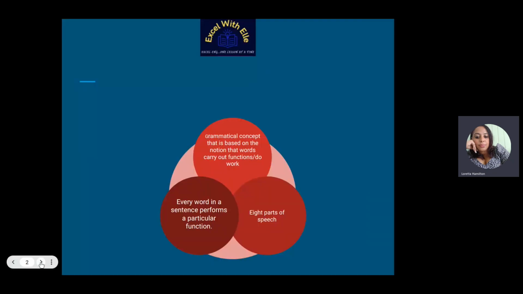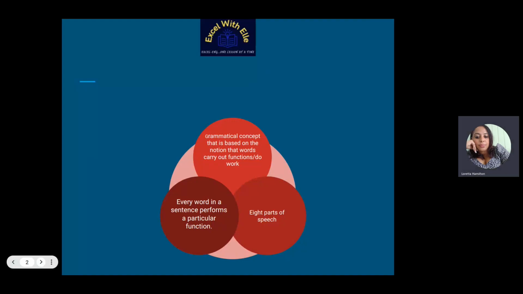Now, the first thing that I say to students is that they have to understand that words have work. Or I say to them that words carry out certain functions. So when we talk about parts of speech, it is a grammatical concept that is based on the idea that words carry out functions or words do work.